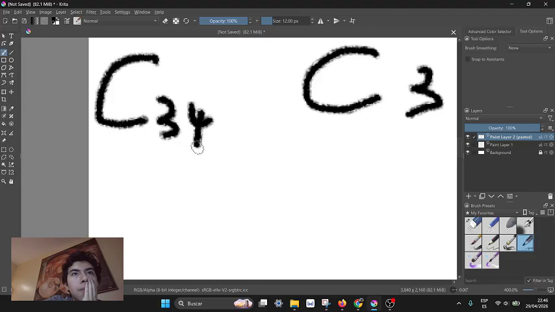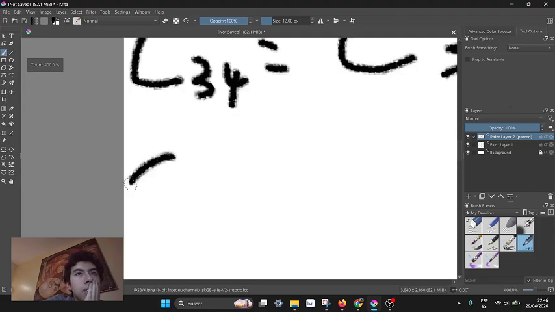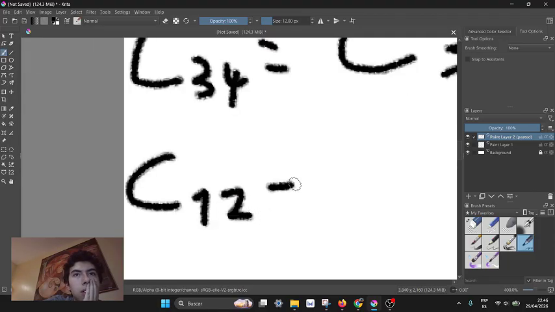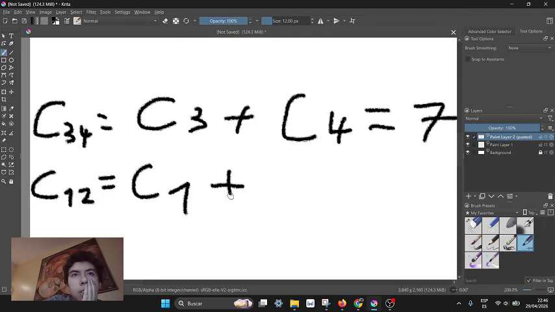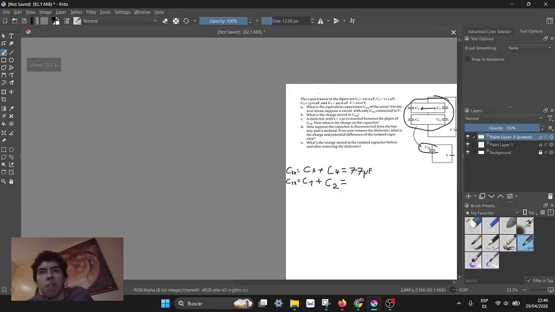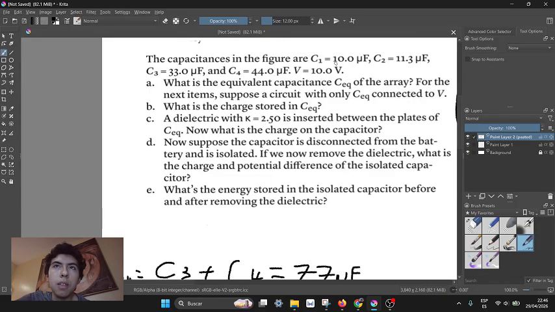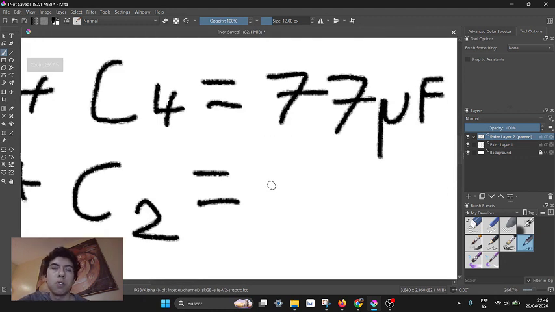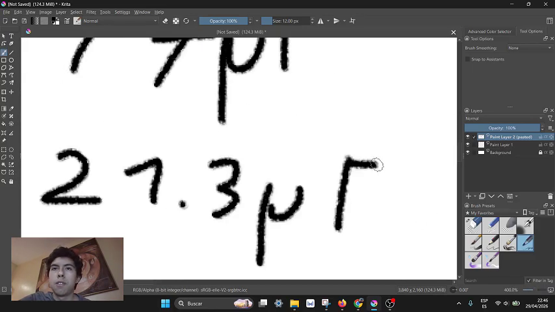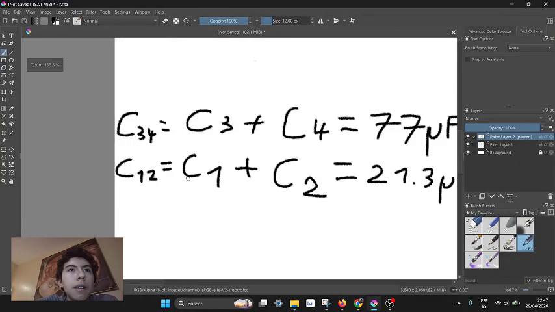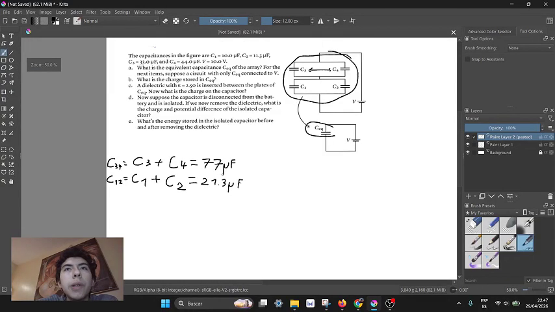And for C1, 2 equals C1 plus C2, it's going to be 10 plus 11.3, so 21.3 uF. Alright, after this, these two have been calculated.